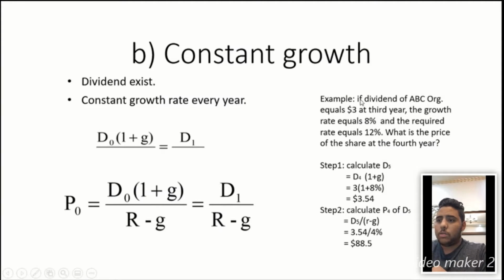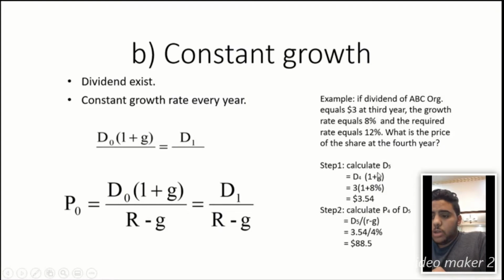A quick example: if the dividend of ABC organization equals 3 at the third year, the growth rate equals 8% and the required rate equals 20%. What is the price of the share at the third year?